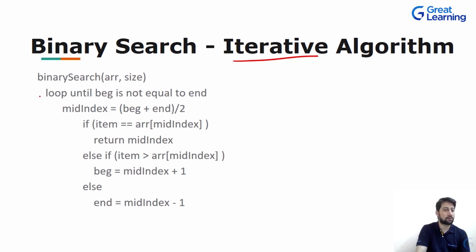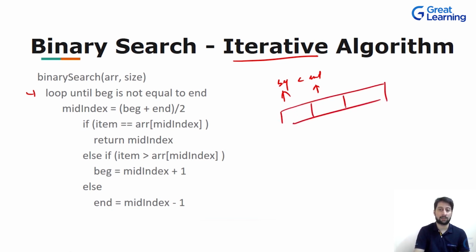We will start with a loop and iterate as long as the beginning is less than the end, because we will be updating our beginning in some cases, and in some cases we'll update our end. It doesn't depend on whether we use the iterative or recursive approach, the logic will remain the same.